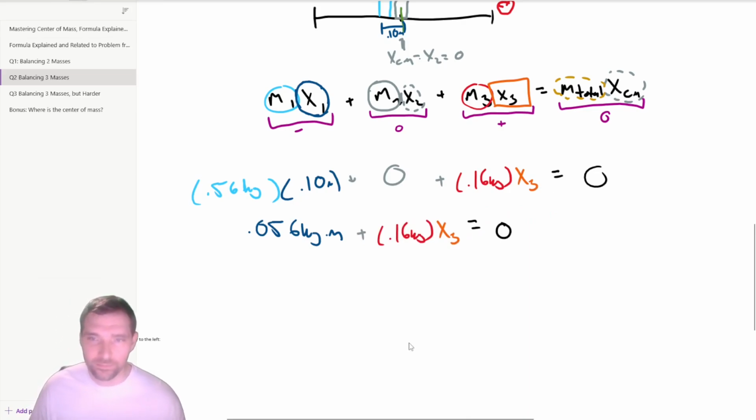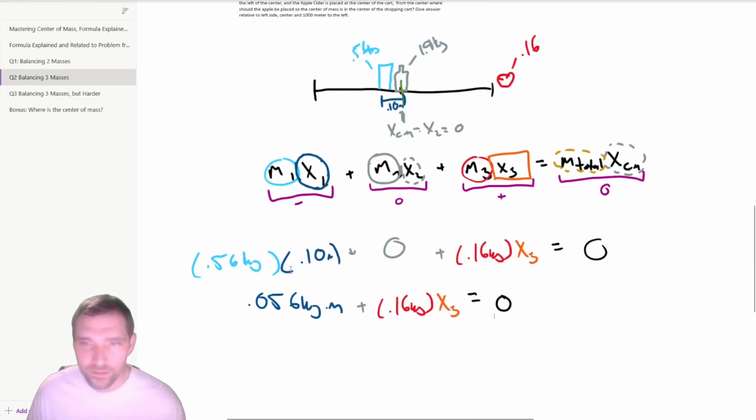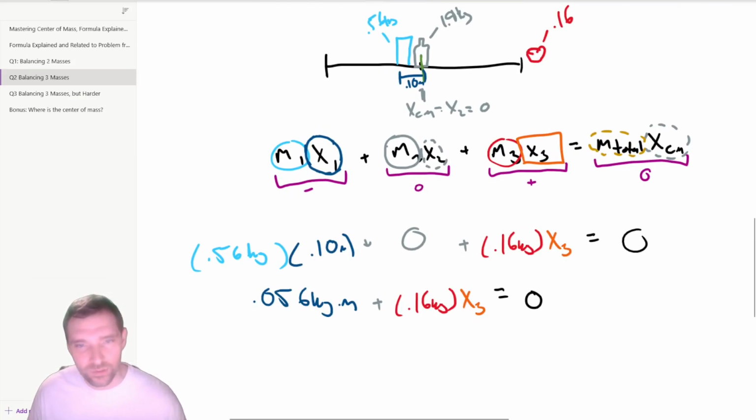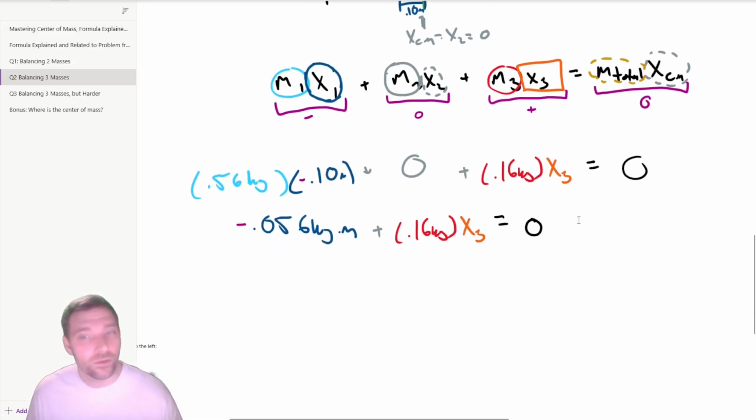We can see that the displacement value here, I'd said this should be negative because its displacement was negative, and that will then give us a positive x3 value. So if we're doing left being negative, right being positive, that should work. So you can rearrange, bring this over to the other side of the equation.